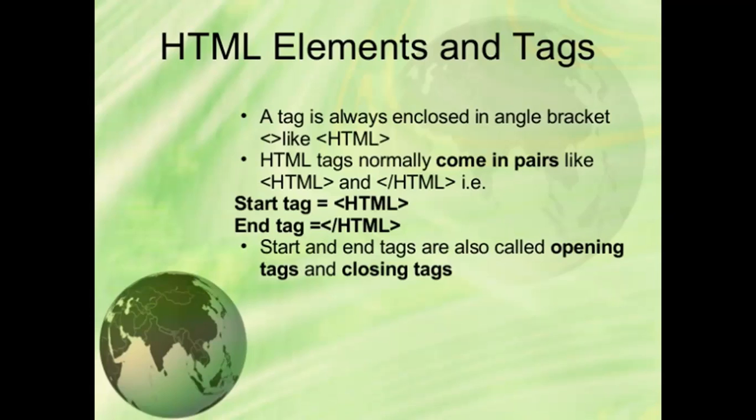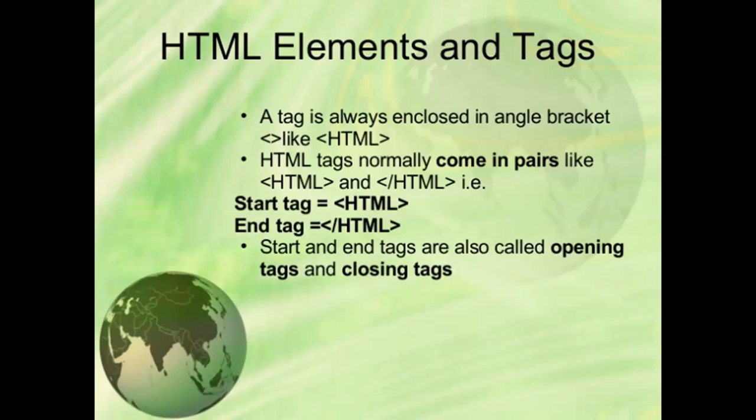Look at the example in the second point. The first one written is HTML. The next one written is the closing HTML. So if we make it more precise, we can say that the HTML tag starts and the next HTML tag ends. Therefore, tags are of two types. First one, start tag.